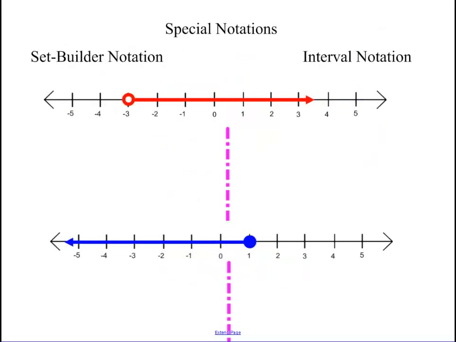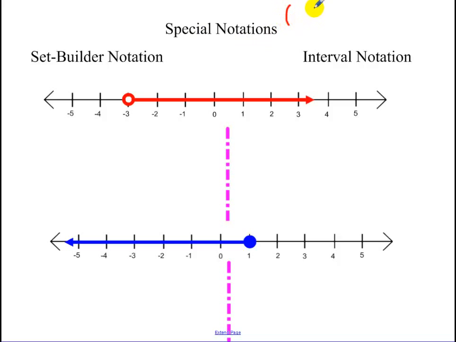Okay, as I was talking about earlier in this section, there are two special types of notation that, leaving this class, I want you guys to know. Set builder notation we're going to be using a lot in later chapters when we talk about domain and range. But interval notation is putting numbers in between brackets or parentheses.